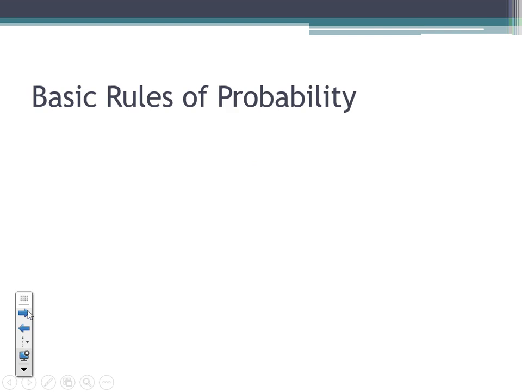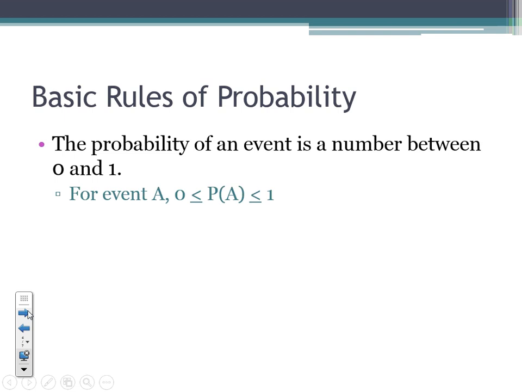Now, off of that, we also want to understand some basic rules of probability. These are pretty simple, but they're things that we need to keep in mind as we work throughout chapters 5, 6, and 7 especially. All right, so the first rule of probability is that the probability that any event occurs is some number between 0 and 1.